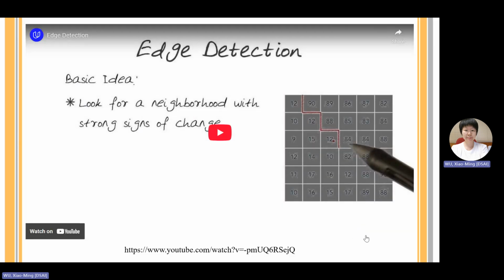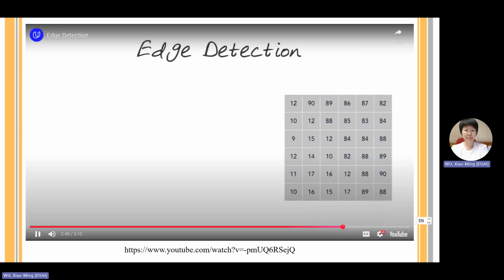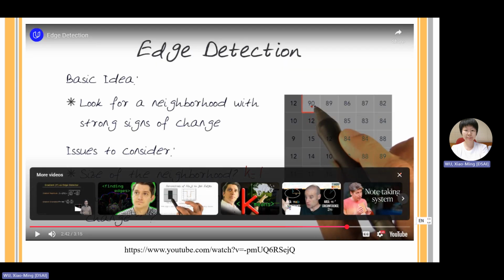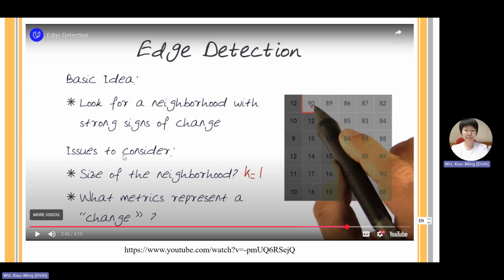We said we need to look at several orders. In this case, there are two issues to consider. First, the size of the neighborhood, which corresponds to what kind of filter you use. You can choose a backward filter, a forward filter, or a central filter. The second issue is what metric represents a change.